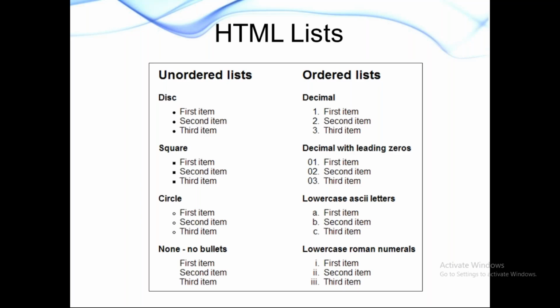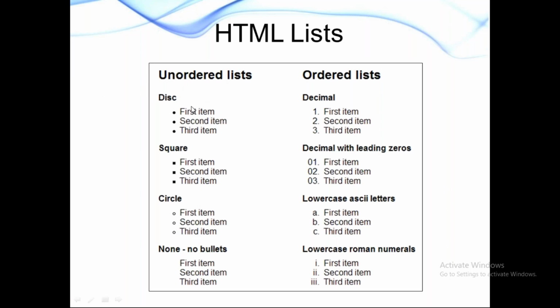Okay, fine. Now I'm showing you the example of the lists in HTML. In the first column you see the unordered list. You can control what type of bullet you want to display. This is called a disk, that is the filled bullet, then square-shaped bullets or circular bullets, and if you want to display a list without any bullets, you can do that also.